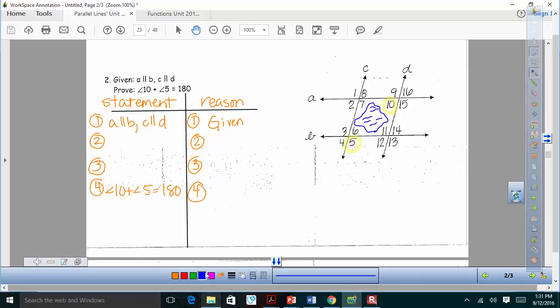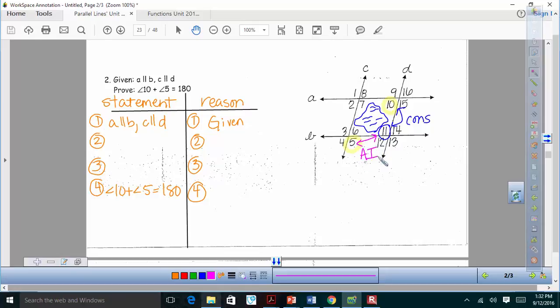So who wants to tell me the path that they would take? Emma? From 10 to 11 because... Okay. So 10 and 11 are consecutive. Perfect. And then what is the relationship between 5 and 11?